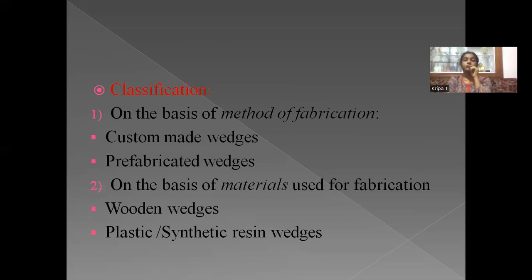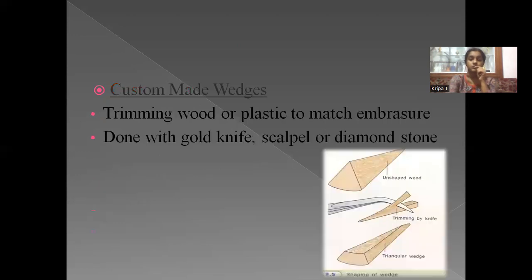Wedges are classified on the basis of method of fabrication as custom-made wedges and prefabricated wedges. On the basis of material used for fabrication, there are wooden wedges and plastic or synthetic resin wedges. Custom-made wedges, either wood or plastic, are trimmed to match the embrasure space, which is done with a Gold knife, scalpel or diamond stone.